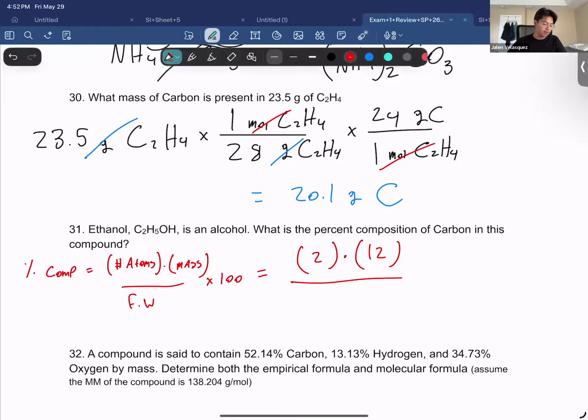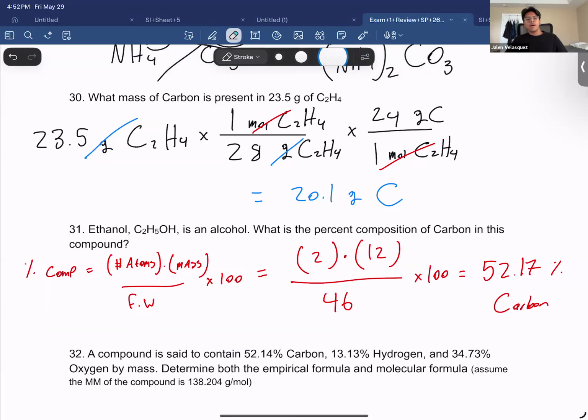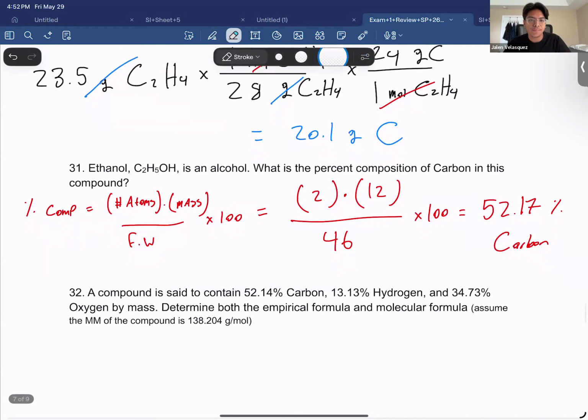The formula weight for ethanol is 46. Multiply that by 100, and you'll see the percent composition is 52.17% carbon. So just make sure you do know that formula.